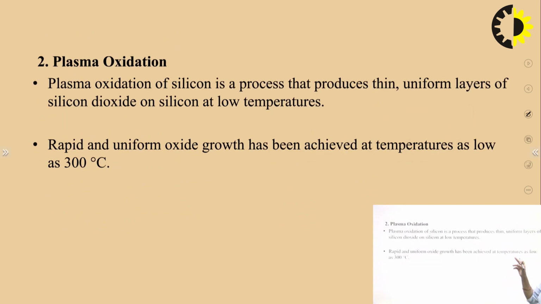Then we have plasma oxidation. So the plasma oxidation is a process that produces thin oxides. We require thin oxides. Such type of oxidation is used in producing a thin and uniform layer, and that is produced at low temperatures. This particular type of oxidation is used at low temperatures, around 300 degrees Celsius.